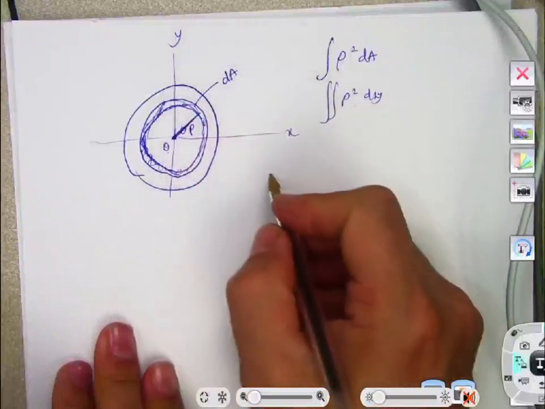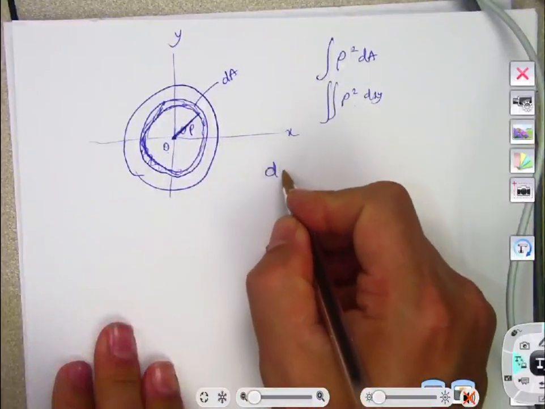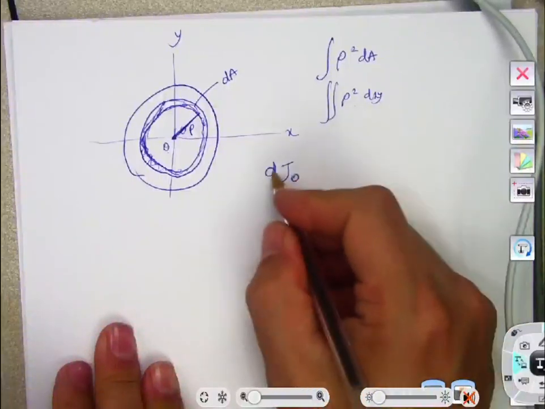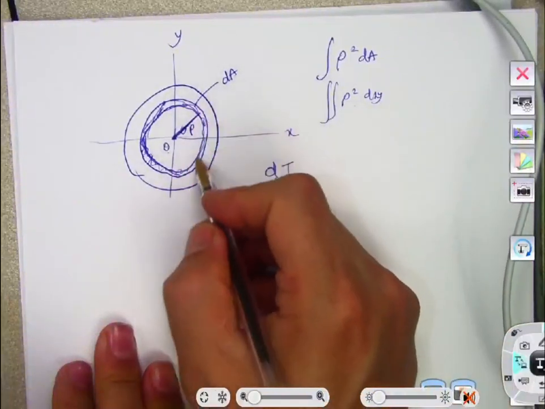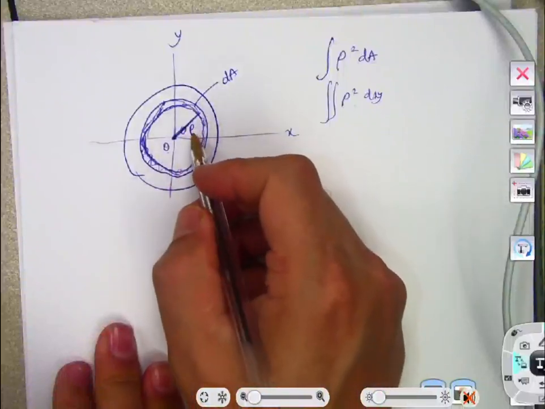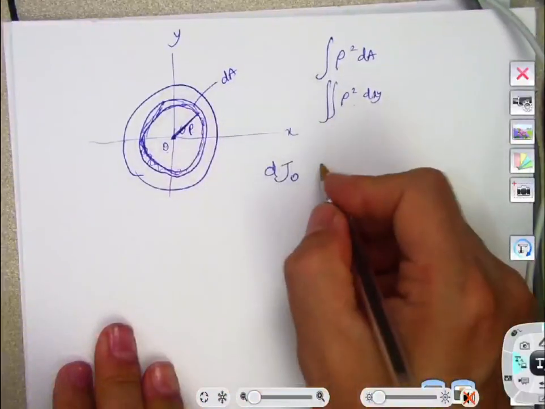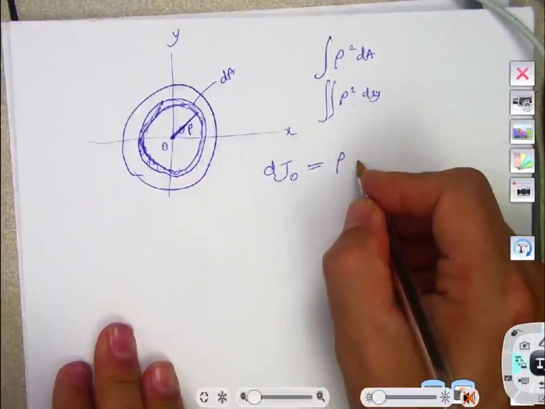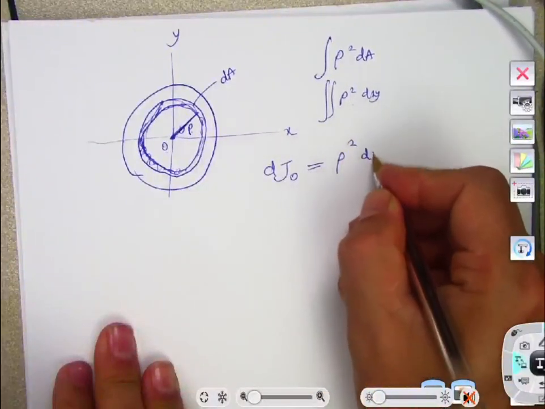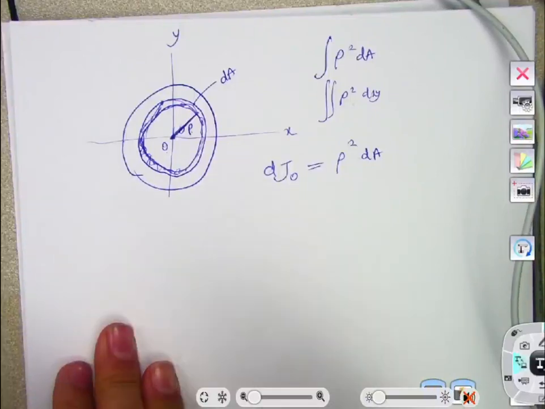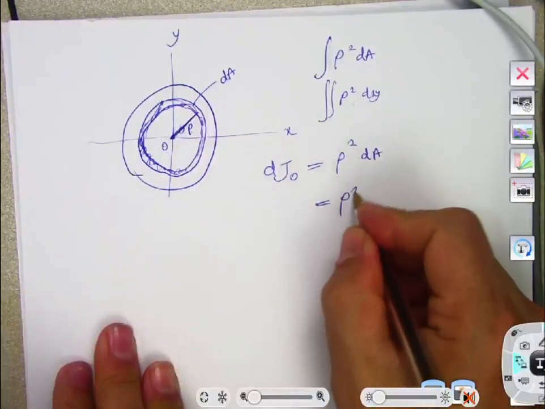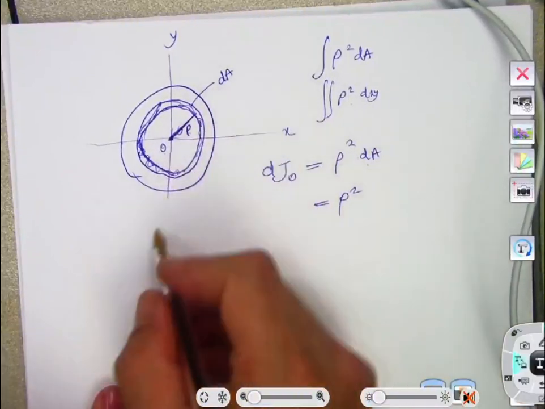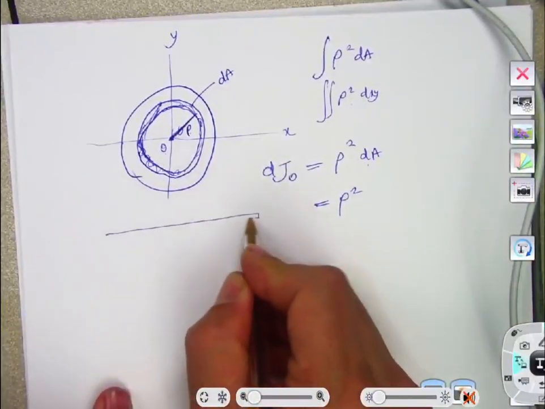So for this ring, the differential polar moment of inertia about O is equal to what? Since everything in this ring is located at the same distance rho from O, dJO is going to be equal to rho squared times dA. Okay, so what is the area of this ring? If I unwrap this ring, it's going to be like a rectangle.